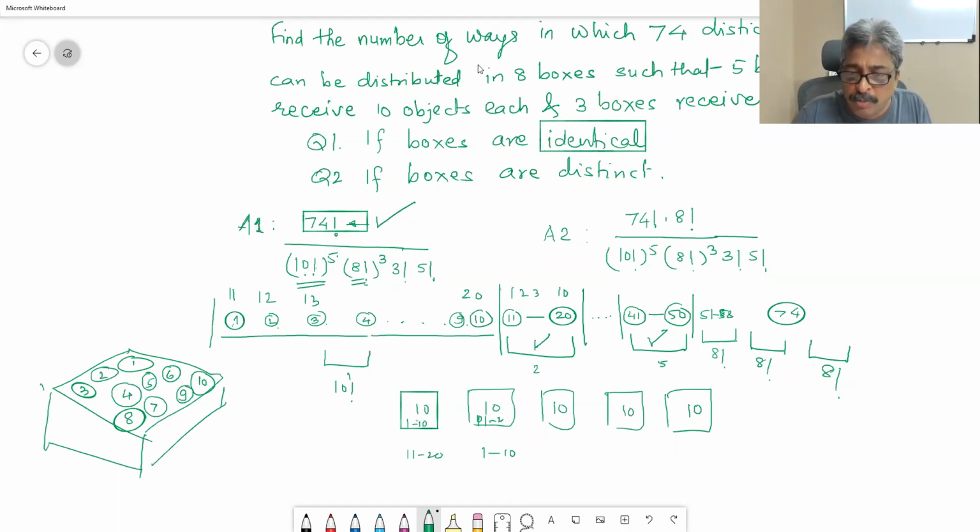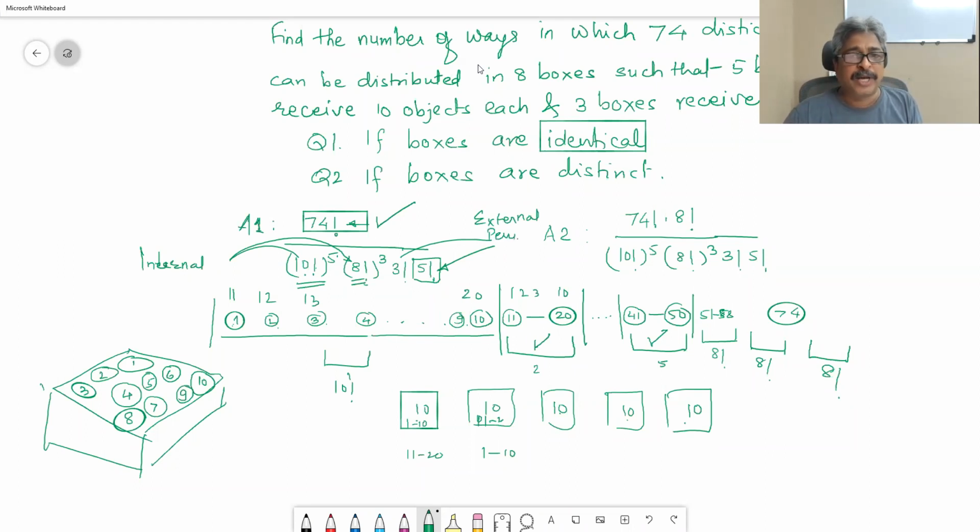Therefore, these 5 boxes permute amongst themselves in 5 factorial ways. That is external permutation. 10 factorial and 8 factorial are internal permutation. 5 factorial for the 10-object boxes and 3 factorial for the 8-object boxes, external permutation.